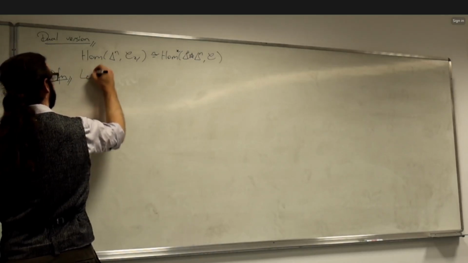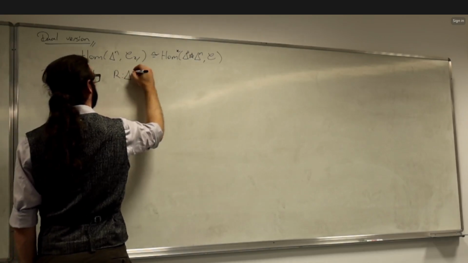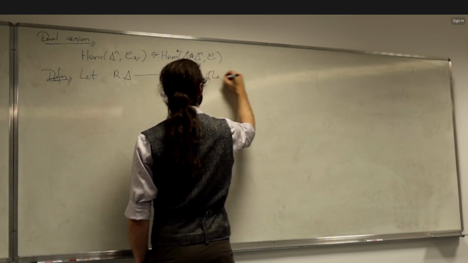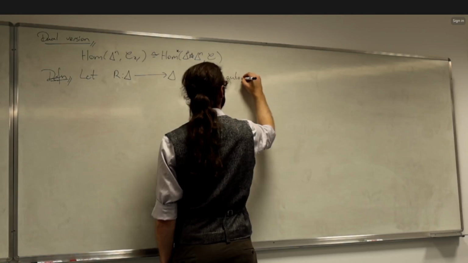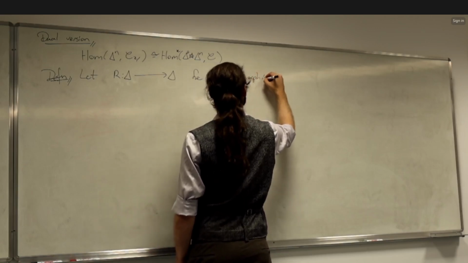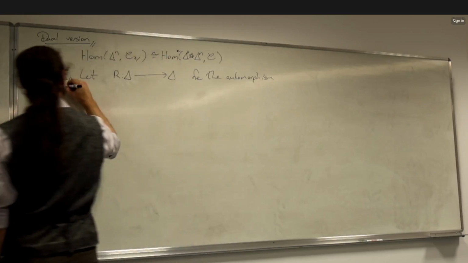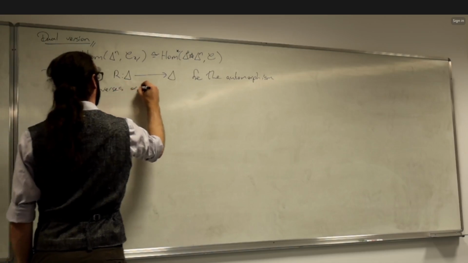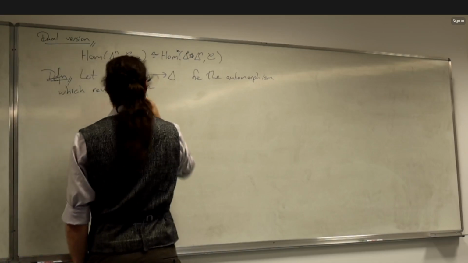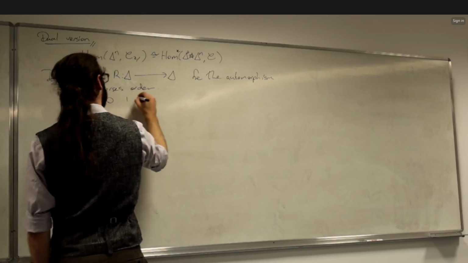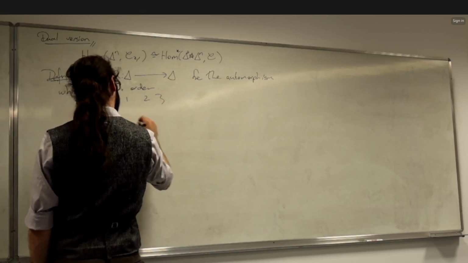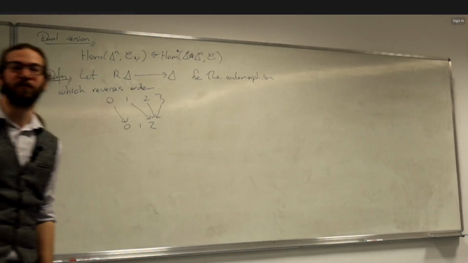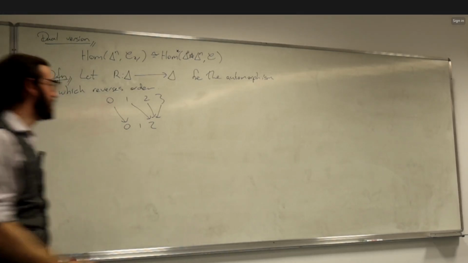So let R from delta to delta be the automorphism which reverses order. So what do I mean by that? Well, let's say we have some morphism in delta.